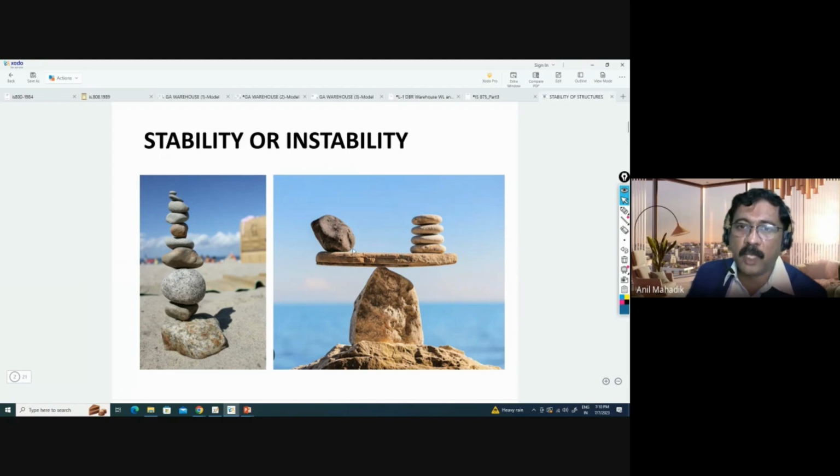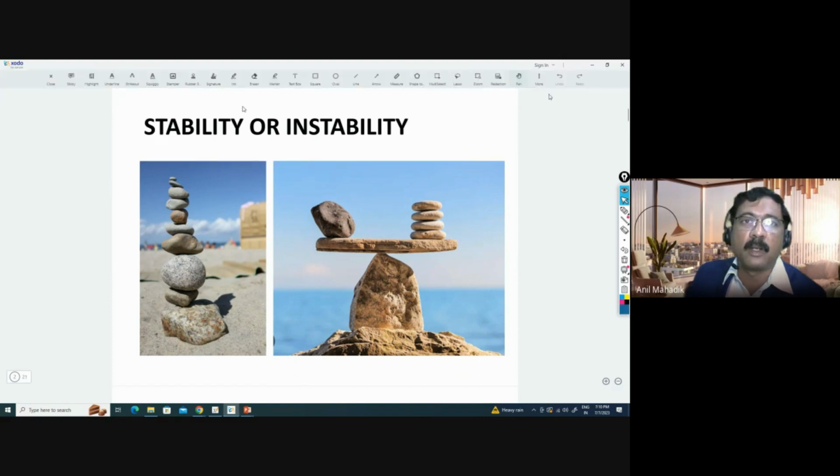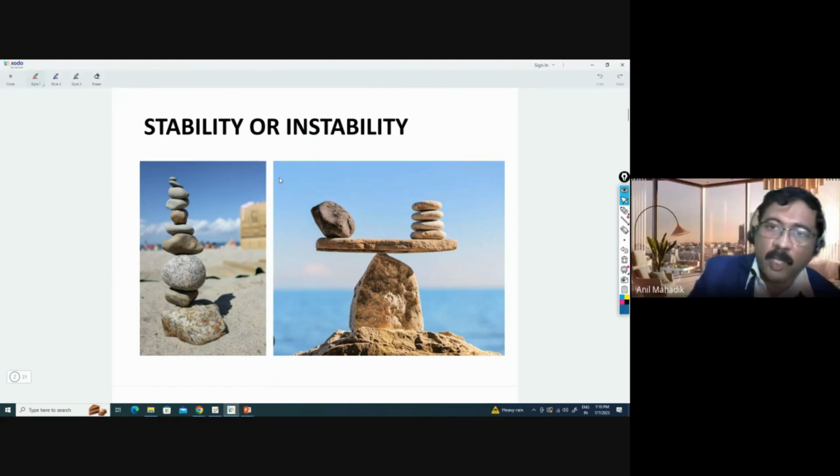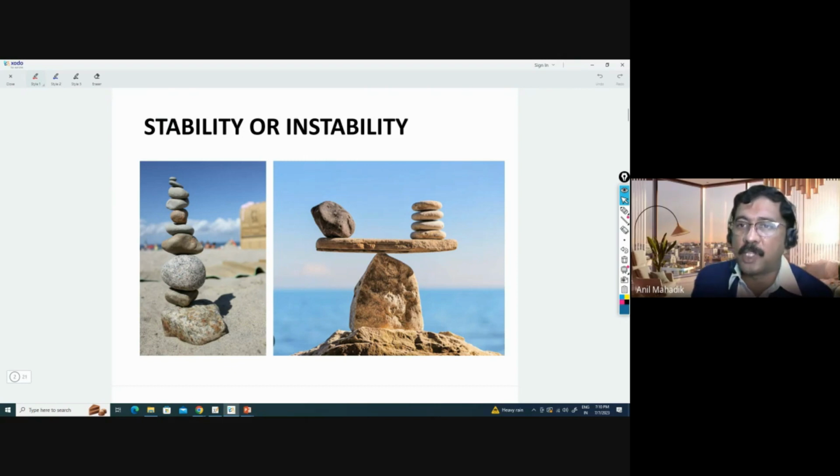If there is some little lateral load, if I apply, or a little vertical load, do you think the structure will be stable? No, sir. So if I push this in this direction, a little push, will it be stable now? Or if I put some additional load here, will it be stable?